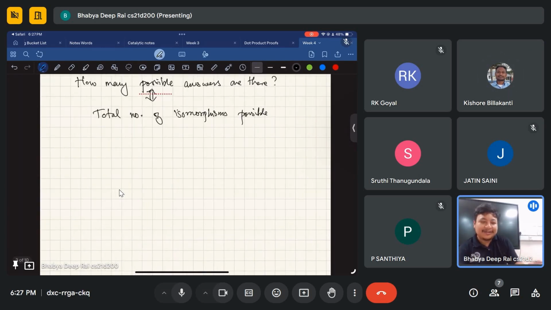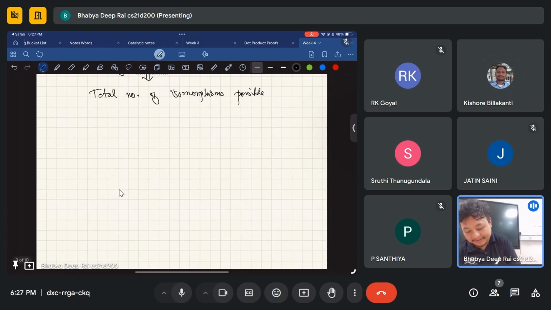So let's count the number of outputs. It's a simple counting argument. Here is the vertex set V, and here is the same vertex set V. This is vertex 1, vertex 2, 3, and so on till vertex n, and again 1, 2, 3, and so on till vertex n. Now how many choices are there?